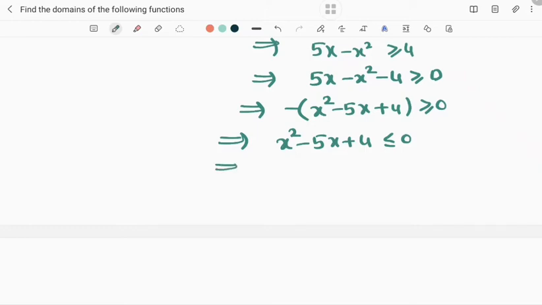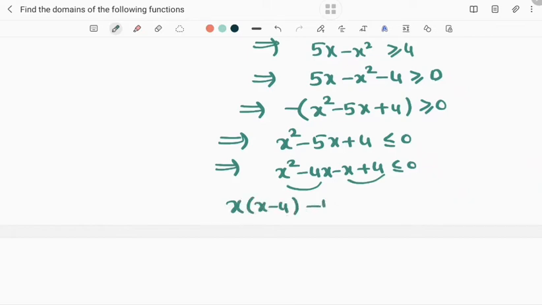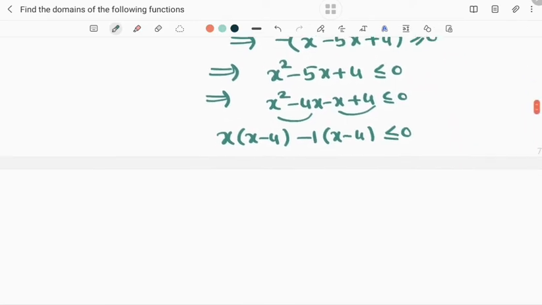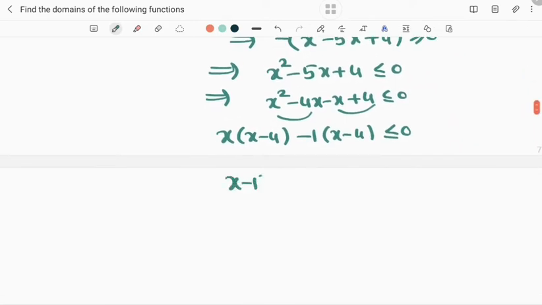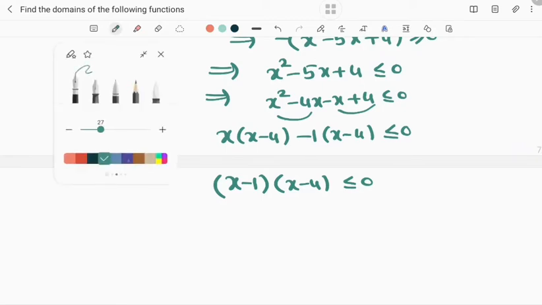So factorization, x square minus 4x minus x plus 4 is less than or equal to 0. So x into x minus 4 minus 1 into x minus 4. So x minus 1 take common, x minus 4 into x minus 1. So which is in the form of, here I'll write the formula.